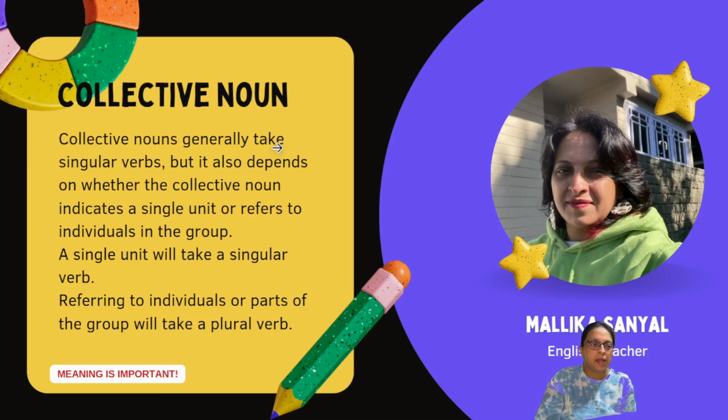We are going to see examples of that. A single unit will take a singular verb. We know that. When we are using a collective noun but referring to individuals or parts of the group, then we have to take a plural verb. So the meaning is very important when we are using collective nouns. Let us understand how.